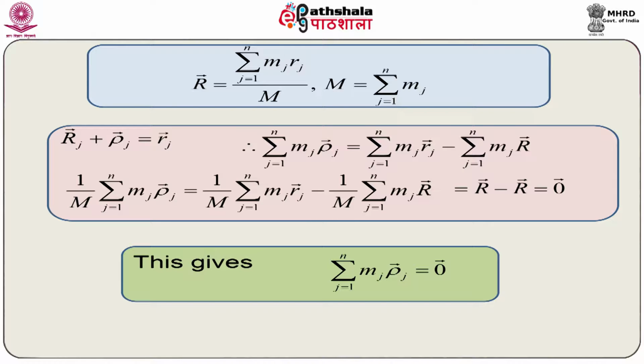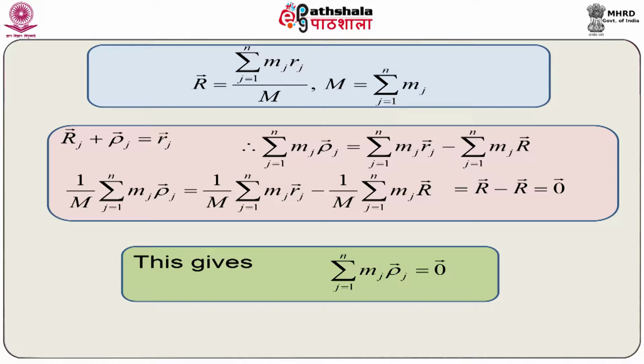Then from the definition of center of mass, we get capital R vector equal to the summation over j equal to 1 to n of m_j r_j, whole divided by capital M, where capital M is the total mass given by the summation over j equal to 1 to n of m_j.